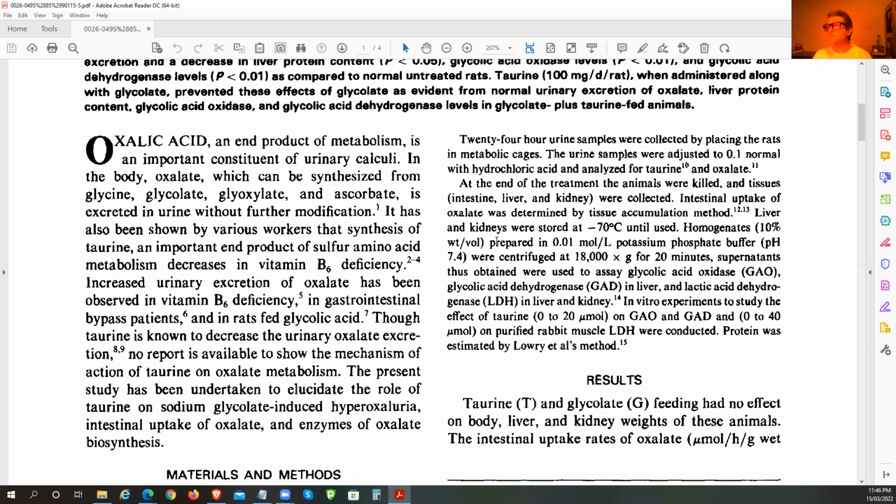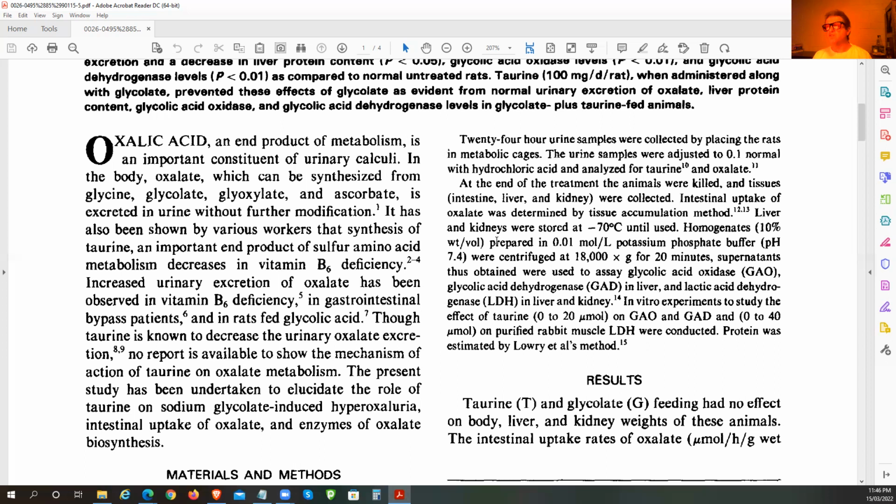It has been shown by various workers that synthesis of taurine, as an important end product of sulfur amino acid metabolism, decreases in vitamin B6 deficiency. So if you've got a vitamin B6 deficiency, the synthesis of taurine goes down.